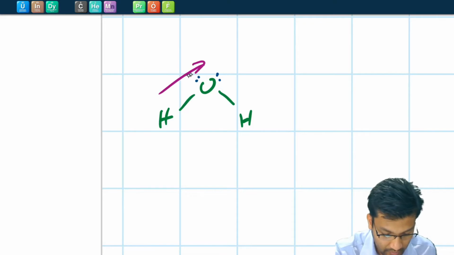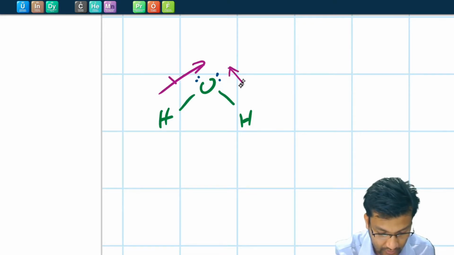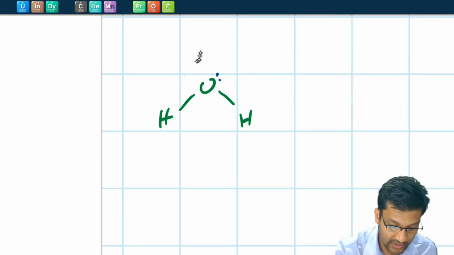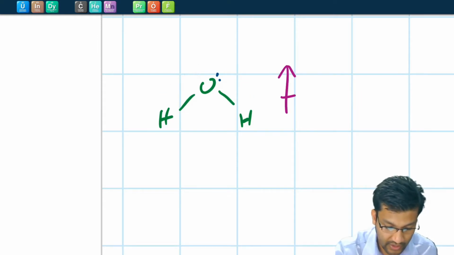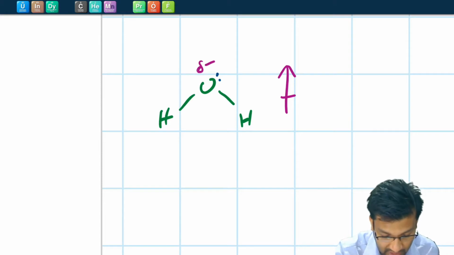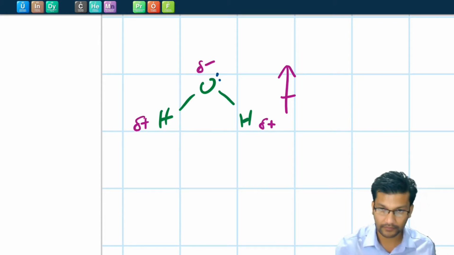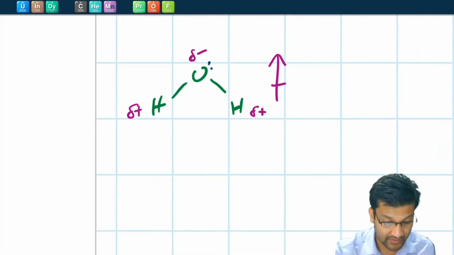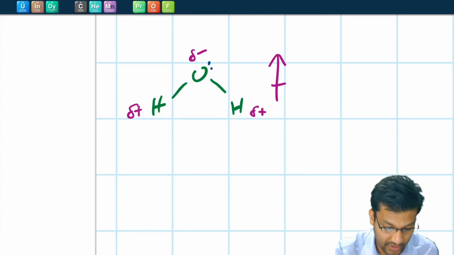So the oxygen will pull electrons towards itself away from hydrogen, such that there's a net dipole moment in oxygen sort of in that direction. The oxygen has a slightly negative charge and the hydrogens will have a slightly positive charge. Right? These are bigger negative and positive charges than in the London dispersion forces.